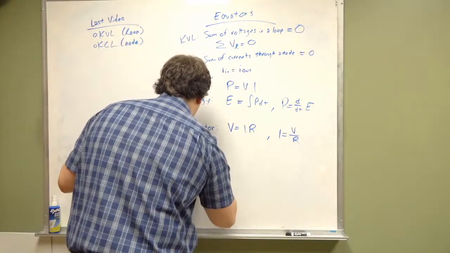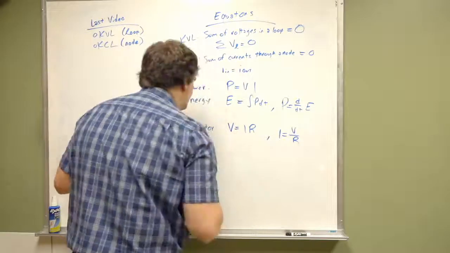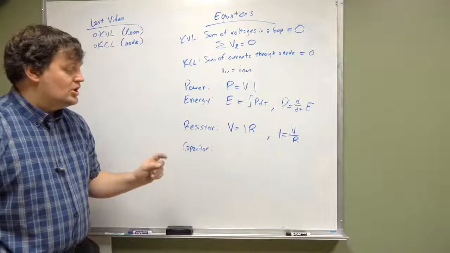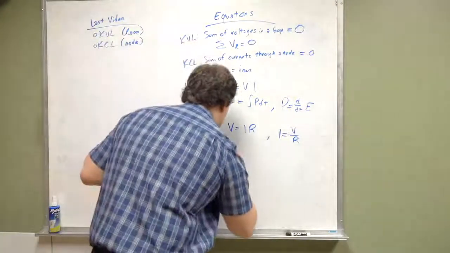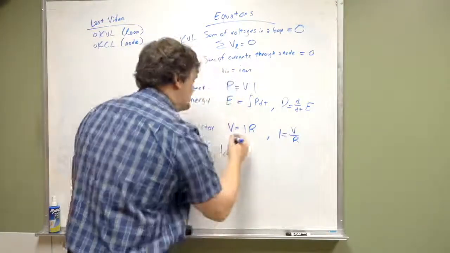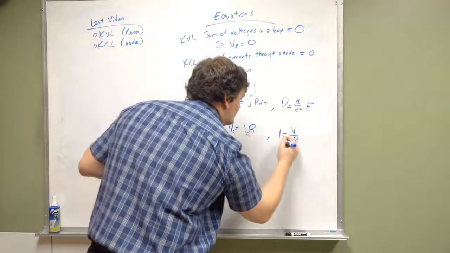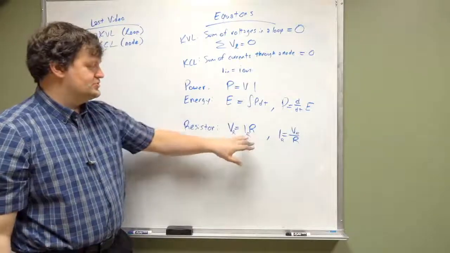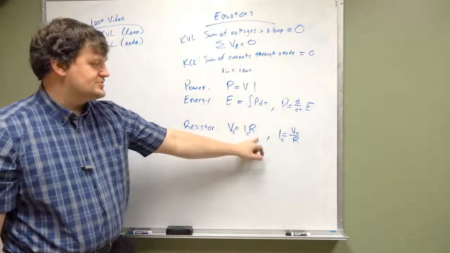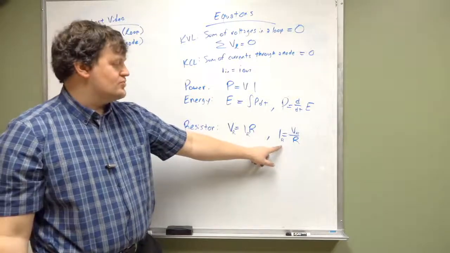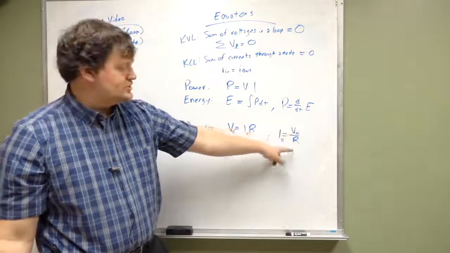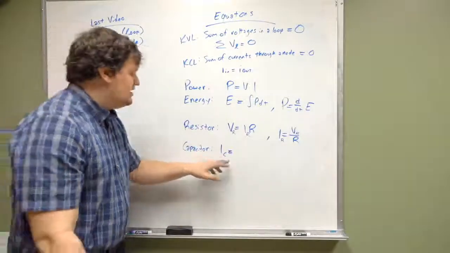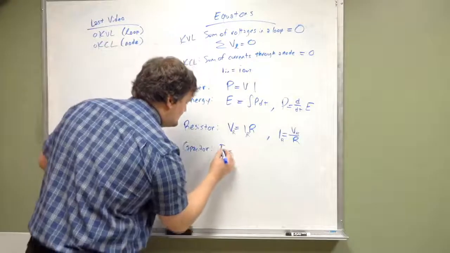A capacitor does not have a linear relationship between voltage and current. I should say VR, IR, VR. That's the voltage across the resistor is equal to the current through the resistor multiplied by the resistance. The current through the resistor is equal to the voltage across the resistor divided by the resistance. Here the current through a capacitor is equal to, and that's a lowercase i.